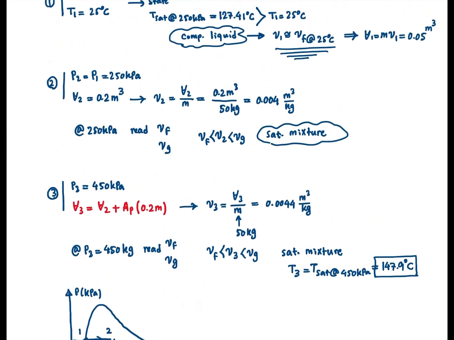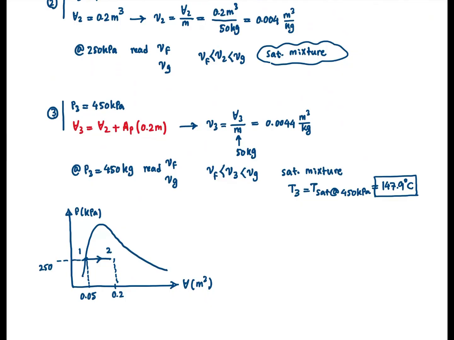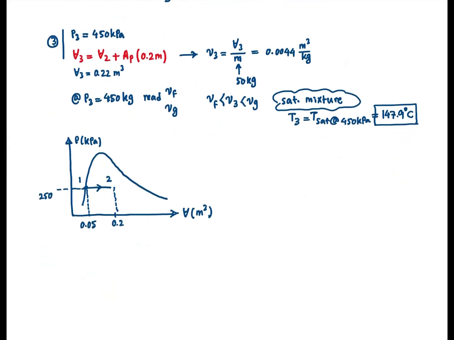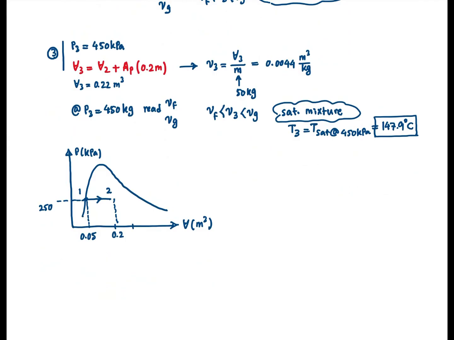So this is going to be process 1-2. Moving on to state number 3. State number 3 was again saturated mixture. Total volume from this equation is 0.23 meter cubed. So let me see. 0.22 meter cubed, and the state is saturated mixture, so it has to stay under the dome.